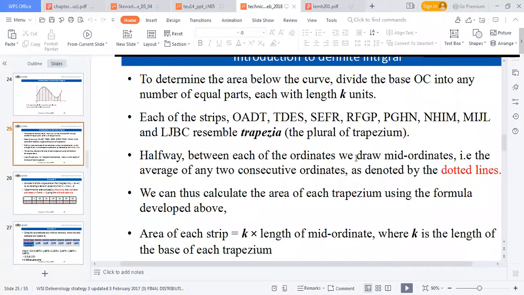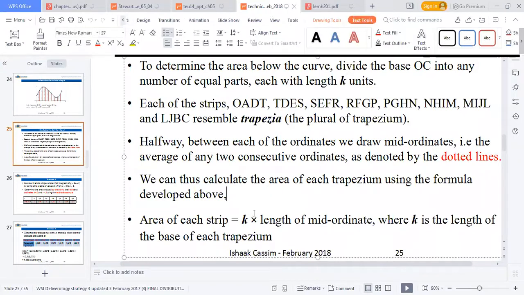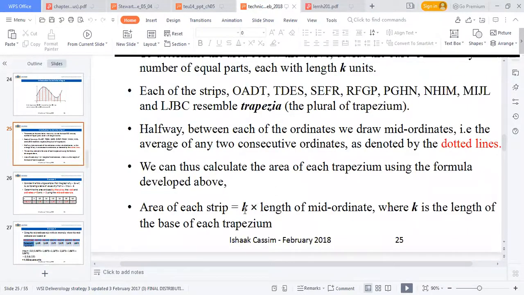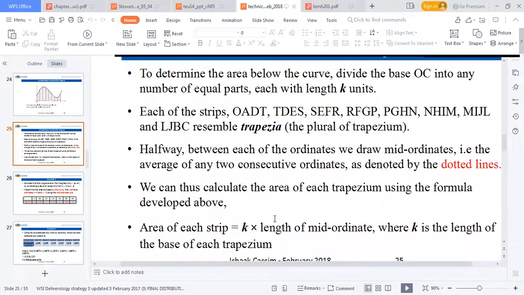Halfway between each of the ordinates we draw mid-ordinates, the average of any two consecutive ordinates, denoted by dotted lines. We can then calculate the area of each trapezium using the formula developed above. The area of a strip is k times the length of the mid-ordinate, where k is the length of the base of the trapezium. You must know what a trapezium is.